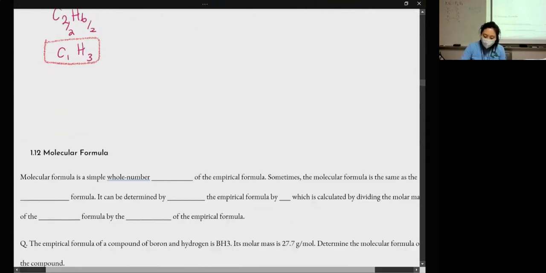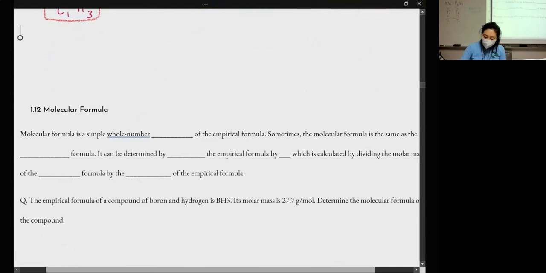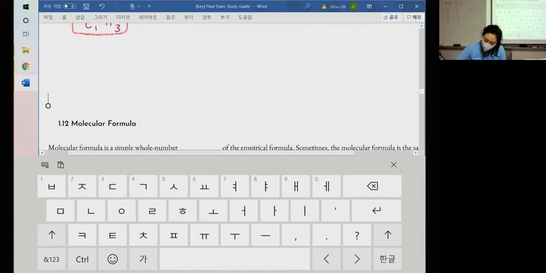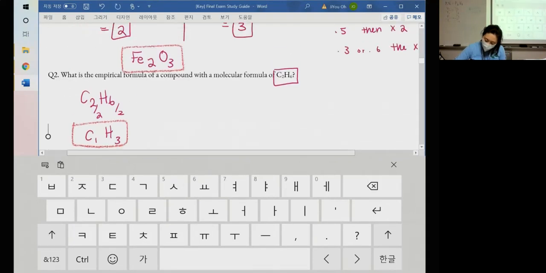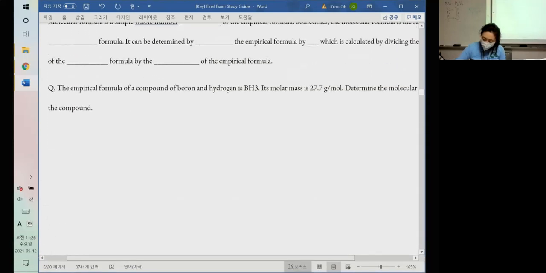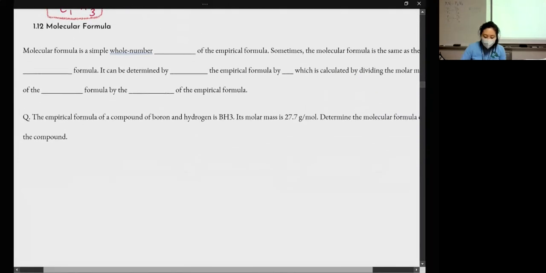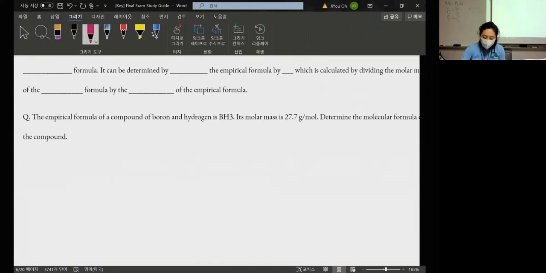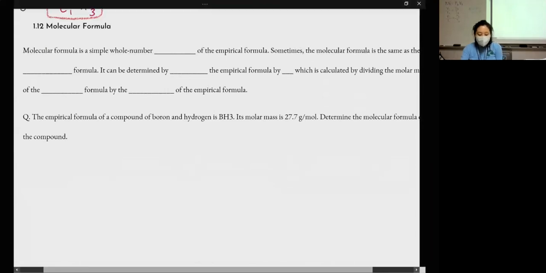Now let's move on to the molecular formula. The molecular formula is a simple whole number multiple of the empirical formula.